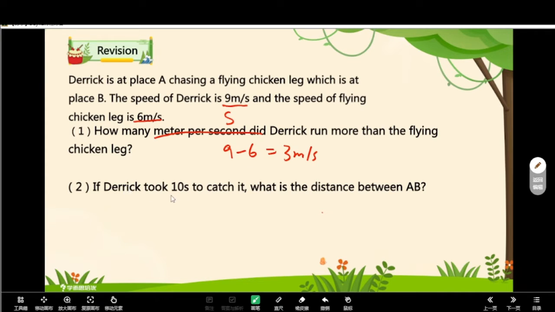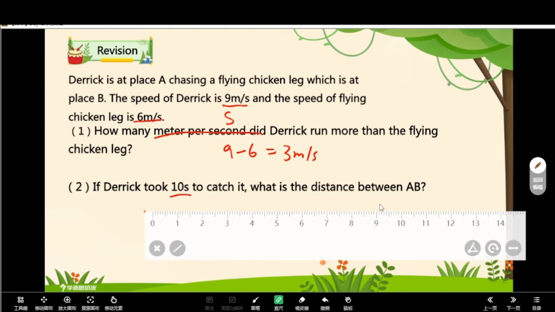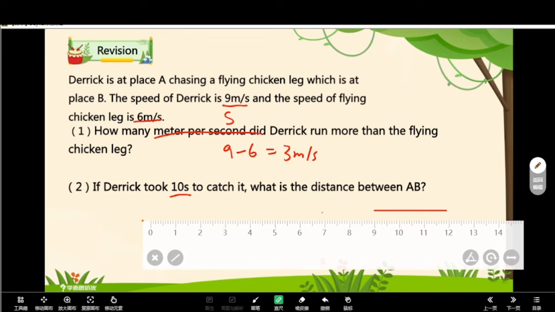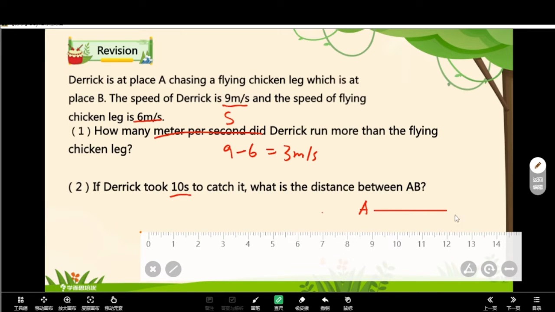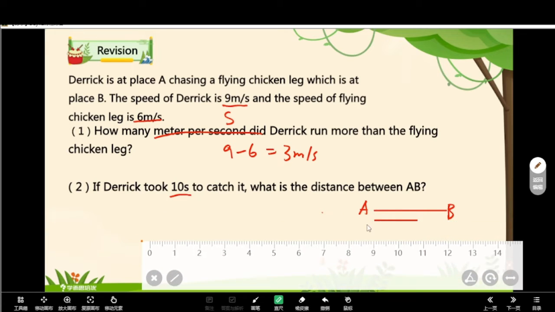If Derek took 10 seconds to catch it, what is the distance between A and B? So let's draw a simple diagram together first. This is place A and this is place B. And Derek starts from here.